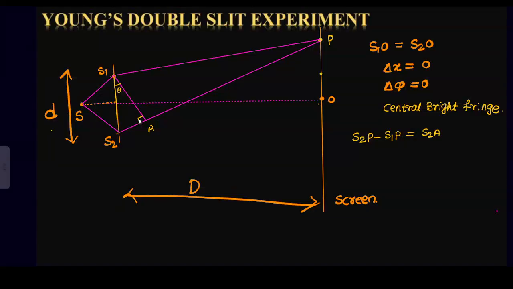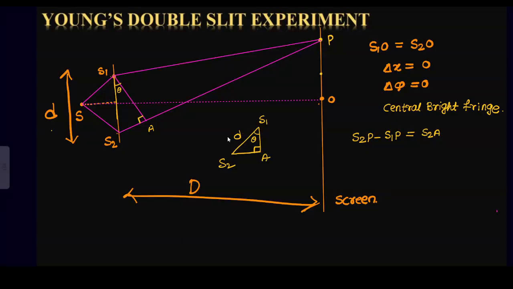Now if you draw this triangle, this is S1 and this is S2, this is A, this angle is theta, this angle is 90.